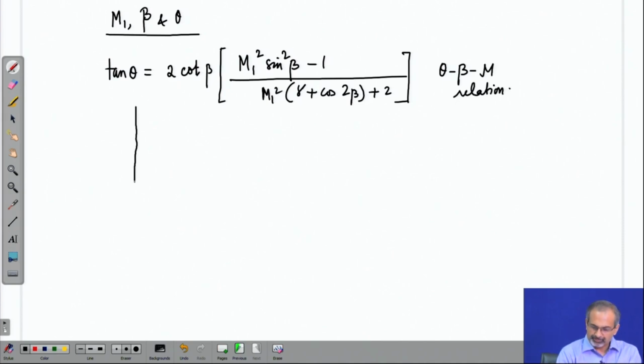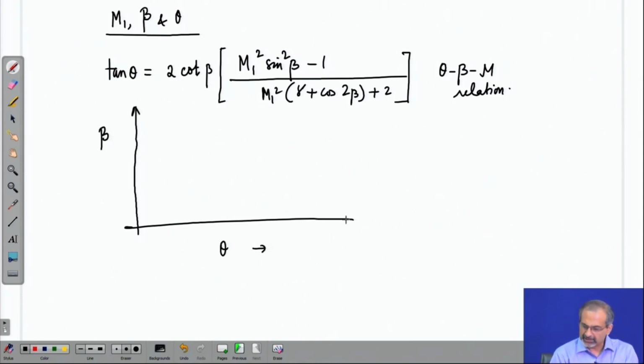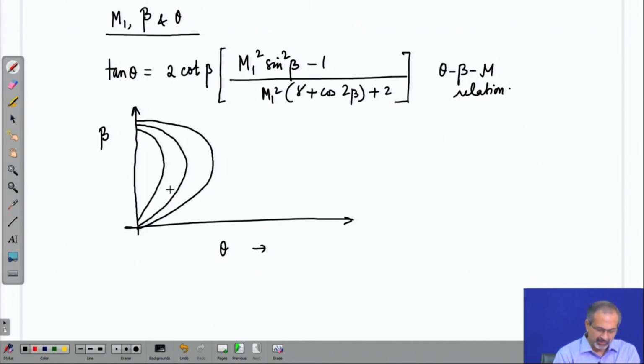and if you make a plot where you have theta along the horizontal, beta along the vertical, then you will get curves of this kind, where the parameter for these different curves is the Mach number.